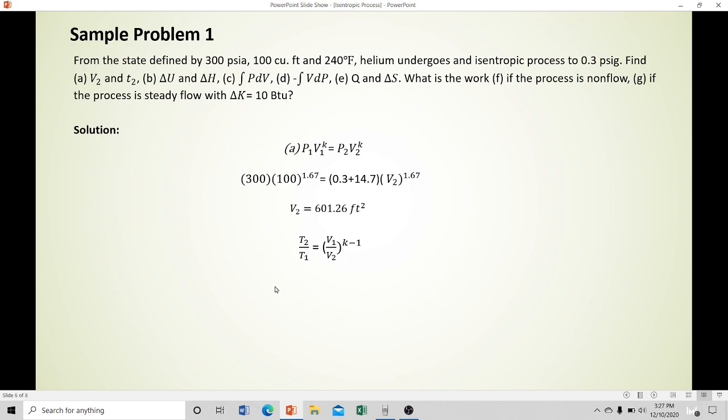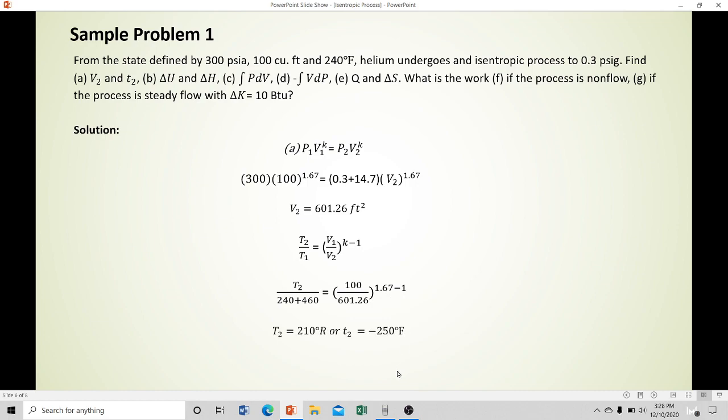T2 over T1 is equal to V1 over V2, all raised to K minus 1. So we have T2 over 240 degrees Fahrenheit equal to 100 over 601.26, where 100 is the volume 1 or 100 cubic feet, and volume 2 is 601.26 feet cubed that we got earlier, raised to K minus 1, where K is 1.67 minus 1.